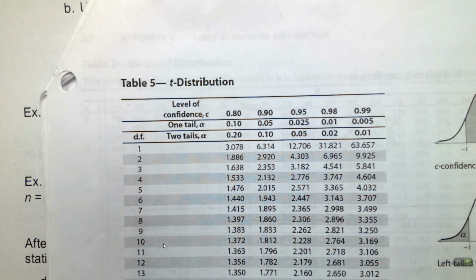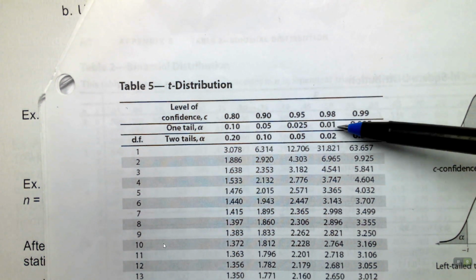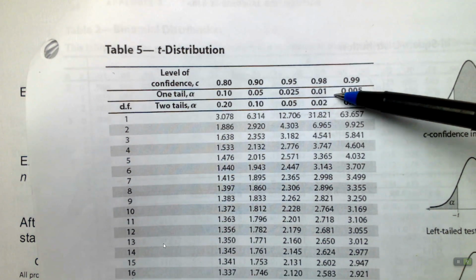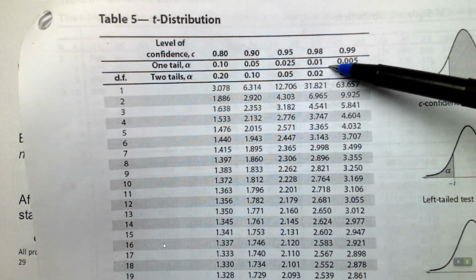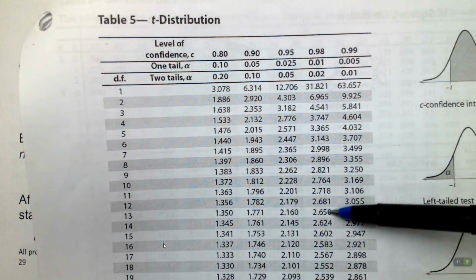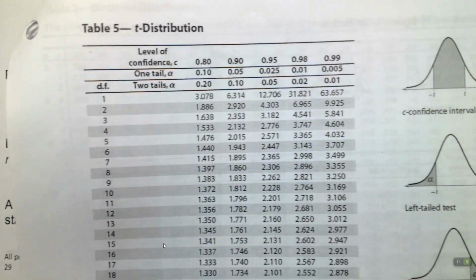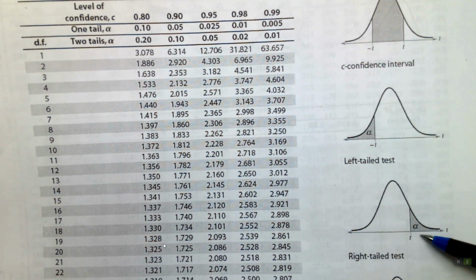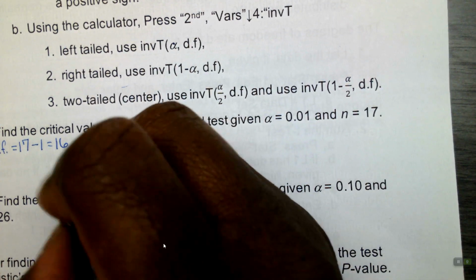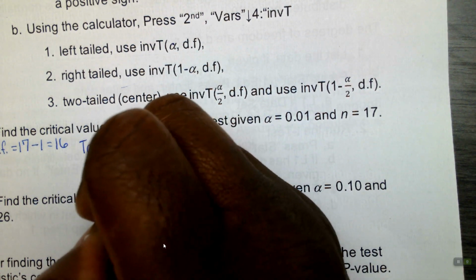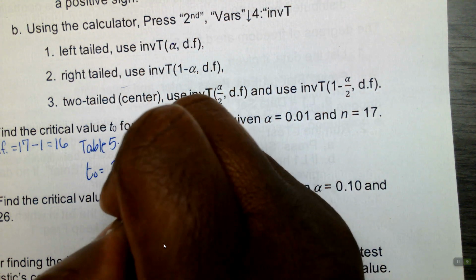So 16 is a DF, 2.583. On the right here, this reminds me I have a right tail test, so I need to keep it positive. 2.583.